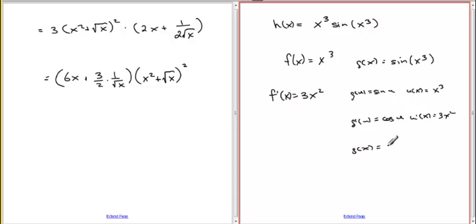So then I use the chain rule, which says I take g prime of u times u prime of x, and g prime of u is the cosine of u times u prime of x, which is 3x squared. But that needs to be in terms of x, so I'll plug u back in. So I get the cosine of x cubed times 3x squared.